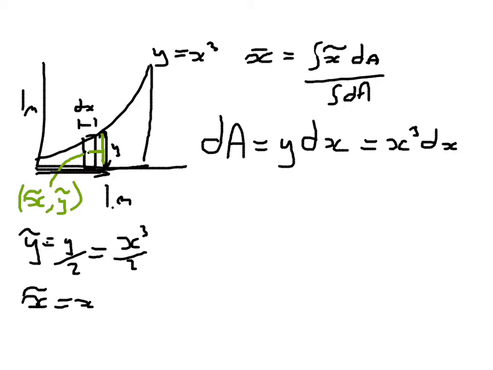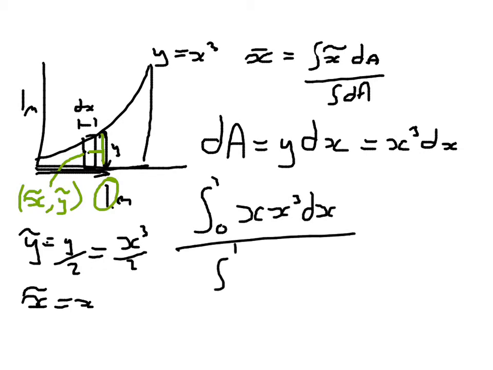First of all, for the x bar position, we've said x bar is the integral of x tilde dA over the integral of dA. So the integral between 1 and 0, because this is 1 metre, we're moving our strip 1 metre in distance, and we're going to do the integral of x tilde, which is x, times dA, which is x cubed dx, over the integral between 1 and 0 of dA, which is x cubed dx.